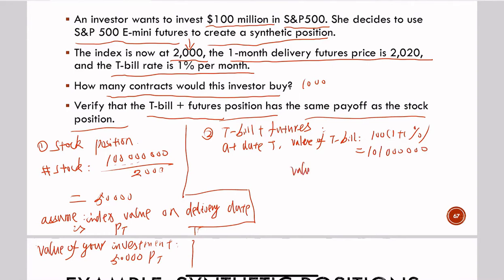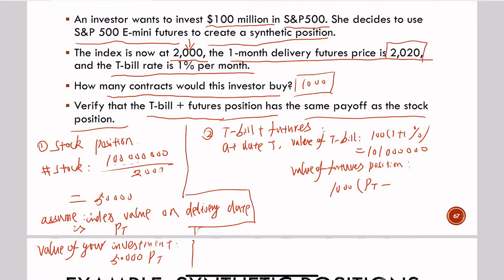Now, value of your futures position. Well, let's see. You have 1,000 futures. Right? So the value of your futures position would be 1,000 times PT minus futures price, right? What is your futures price?